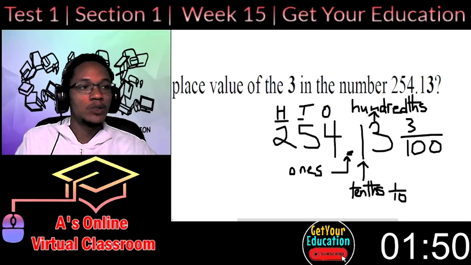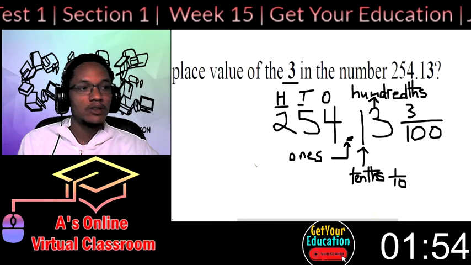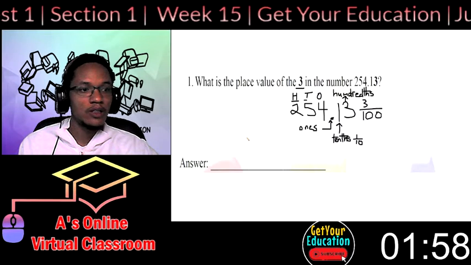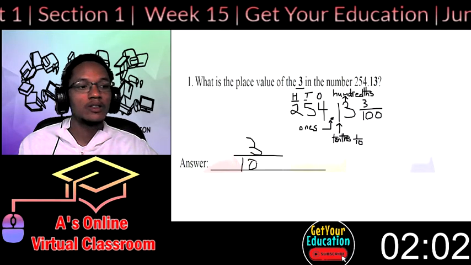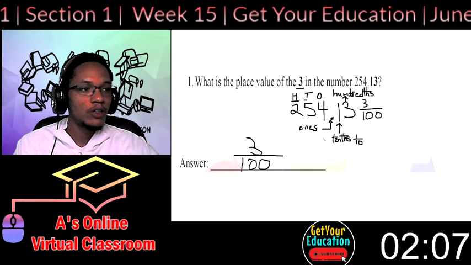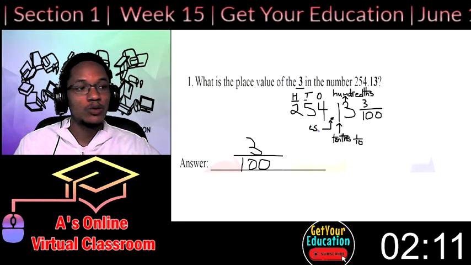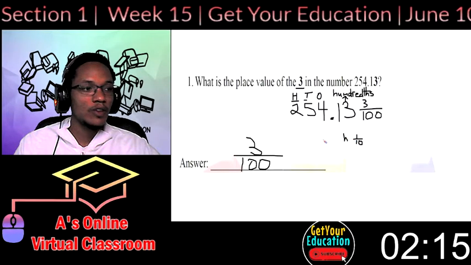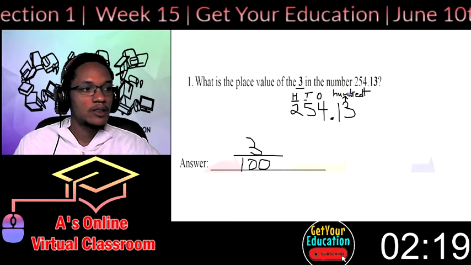So when they ask what is the value of the 3 of any number after the decimal point, we represent it in its fraction form, giving us a good idea of its size or its value. Alright, so that's it, 3 over 100. Make sure and memorize this, because this goes all the way up to CXC. Alright, so let's get on to the next question.